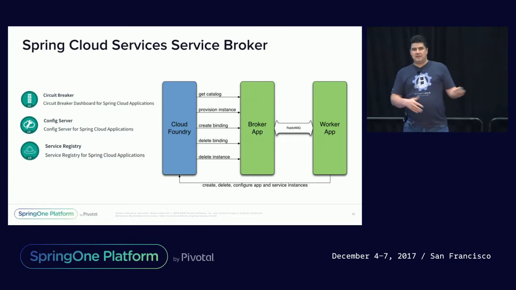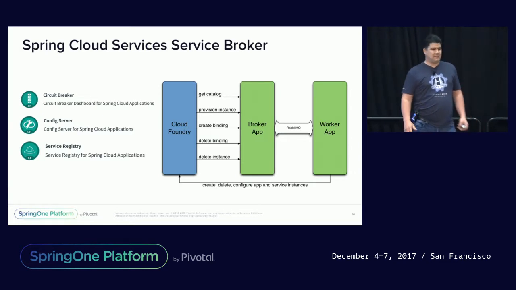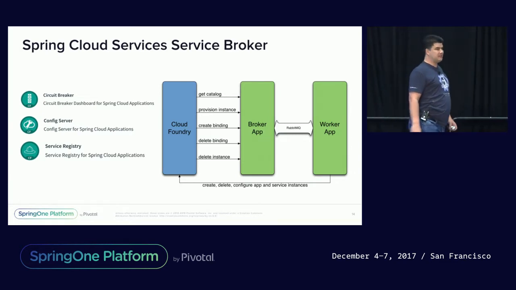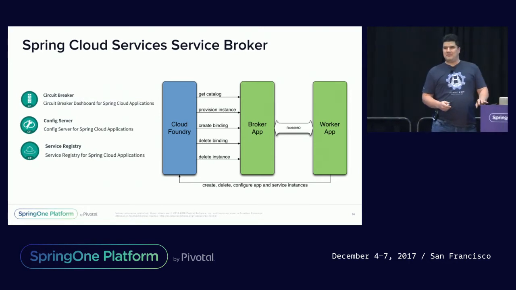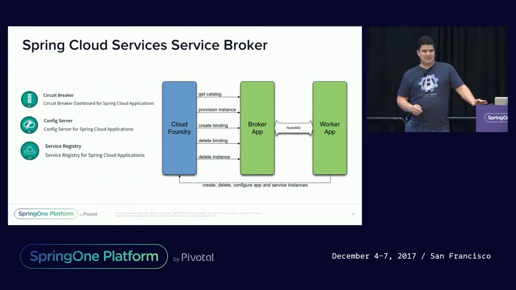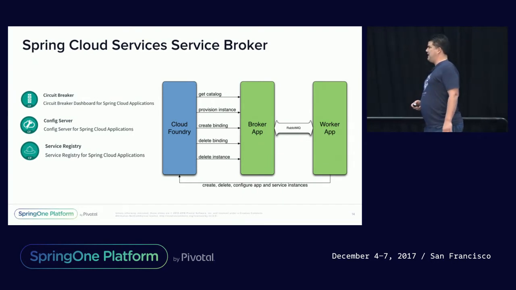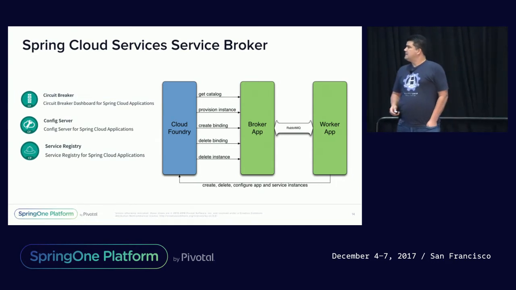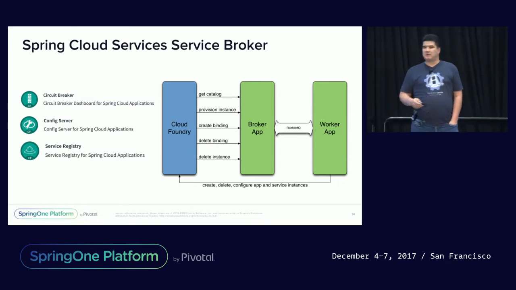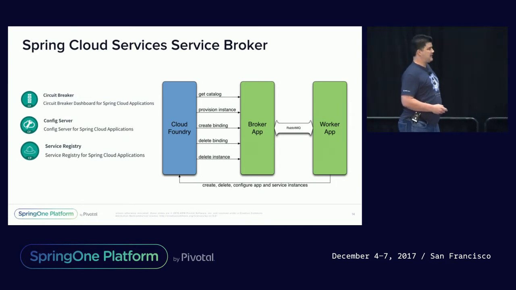We use RabbitMQ to send the messages and provide the ability to handle multiple calls. Now, of course, you might have heard of reactive. We've been looking at that quite a bit lately, but this was built many years ago before we had a lot of the reactive APIs we have today. So this is how a Spring Cloud Services service broker works behind the scenes.